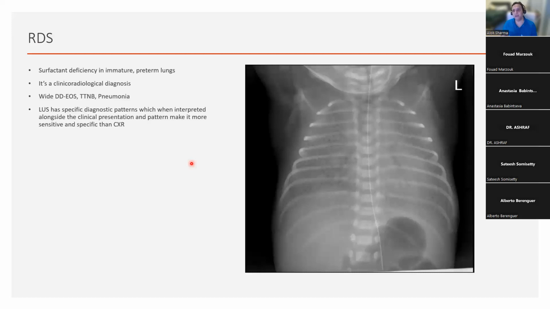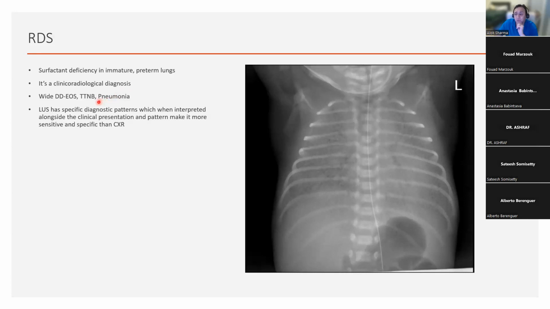You have to use not just the lung ultrasound appearances, you have to use your clinical approach, because whether you're using chest X-ray or lung ultrasound, the diagnosis of RDS in particular is still a clinical radiological diagnosis, unless you're using the shake test. What is also important is that both can coexist.